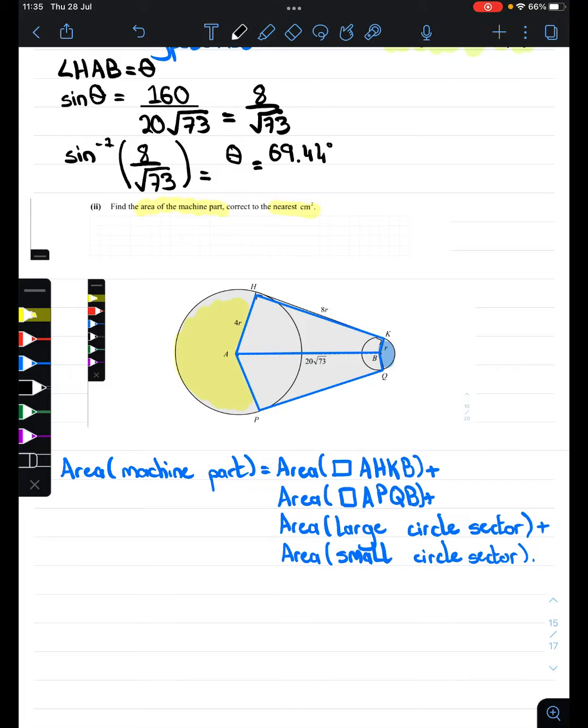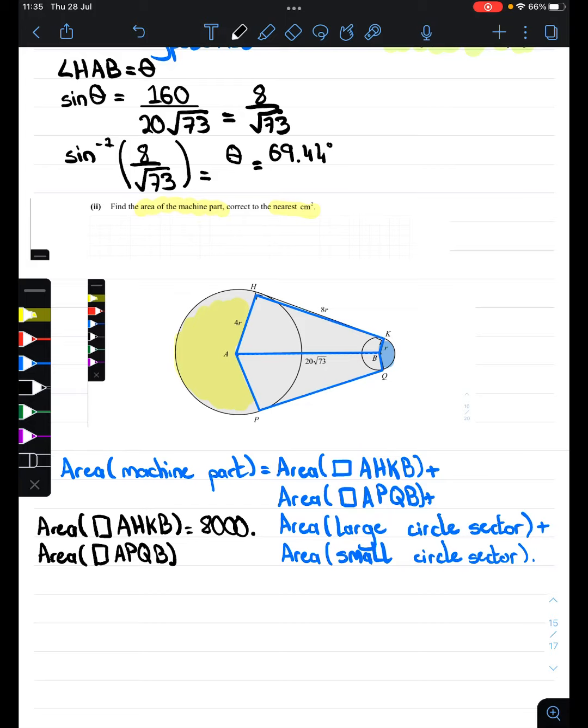So let's start off with the area of the quadrilateral AHKB. Well, we've already worked out the area of this, so this is just 8,000 centimeters squared. Easy peasy start. Now, onto the area of the other quadrilateral, APQB.